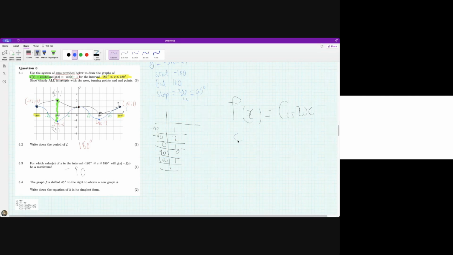What will the new equation be if I shift it to the right by 45? Remember what horizontal shifts deal with? Which number was I dealing with?